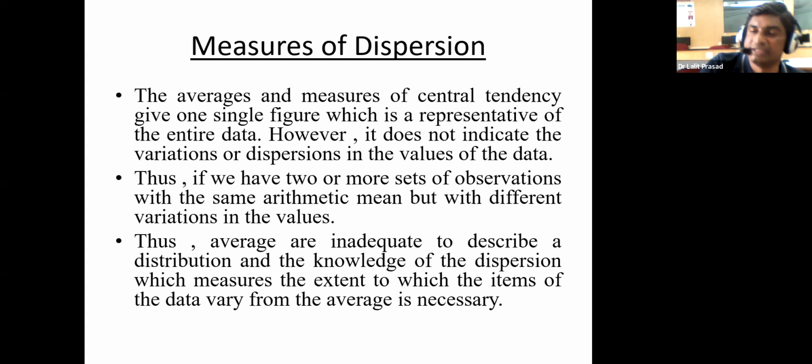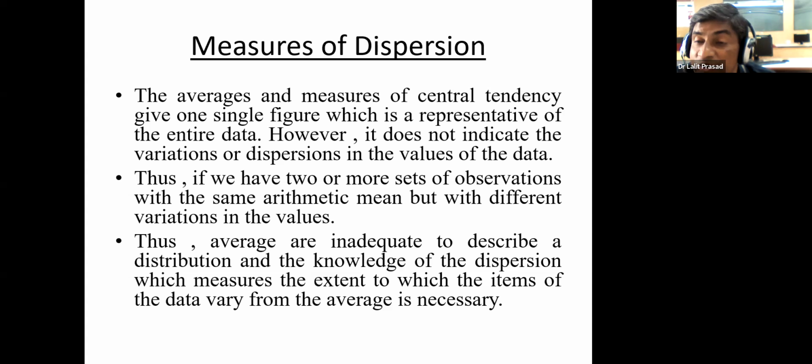So there are two questions I will ask you. What is the limitation of mean? And why is there a requirement of measure of dispersion? The answer is the same. Are you getting my point? Once again, I am repeating. What is the limitation of mean? What will you say?